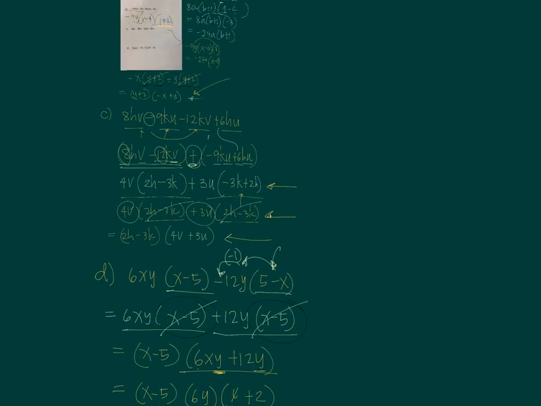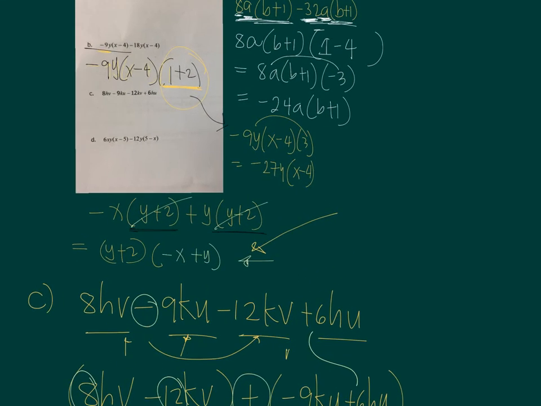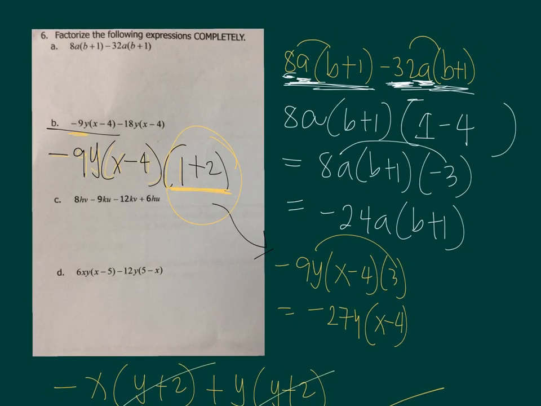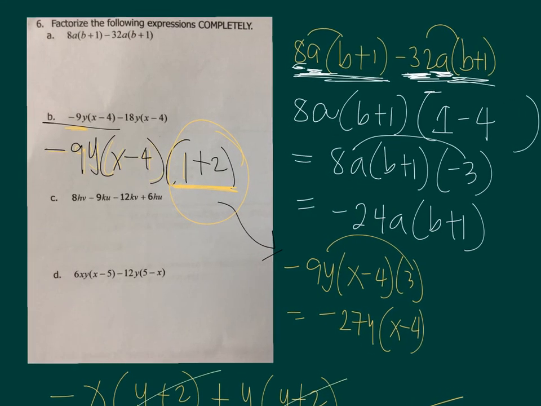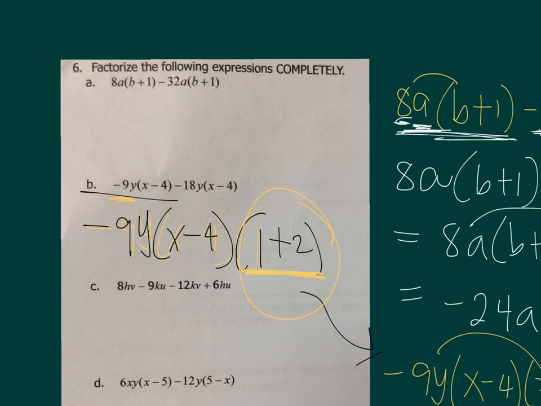Oh, by the way, just to give you an alternative way of factoring letter A and B, because I'm not sure if my first method will be clear to everyone. Looking at the expression, the obvious common factor is b plus 1.